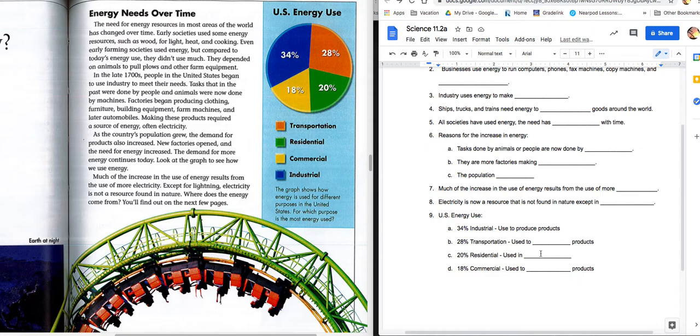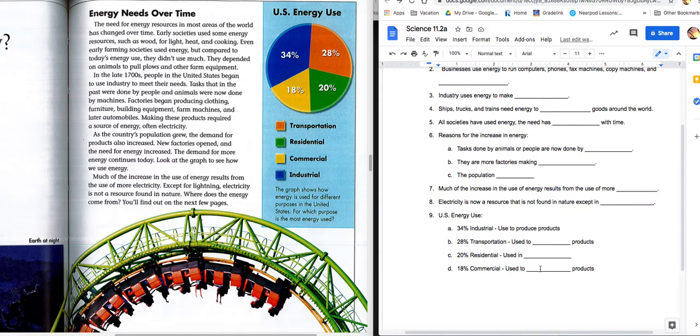Residential is energy used in homes. This is where you reside. It's where you live. So 1/5 of all the energy in America turns on your TV, runs your heaters, runs your refrigerator, powers all your appliances, gives us all our electronics, all that stuff, 20%. And 18% is commercial, guys.